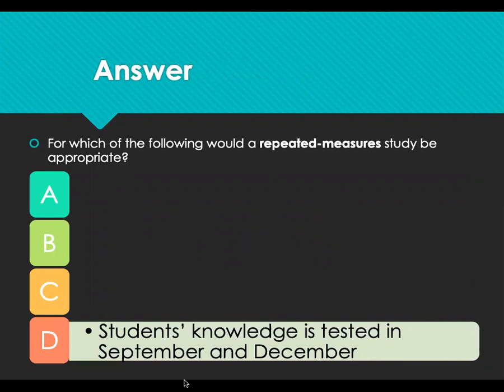Just keep in mind when you have a group of participants and you're measuring scores twice, that's where you would be using a paired samples or repeated measures design, right? So you're repeating the measure of something, in this case students' knowledge, twice, September and December.